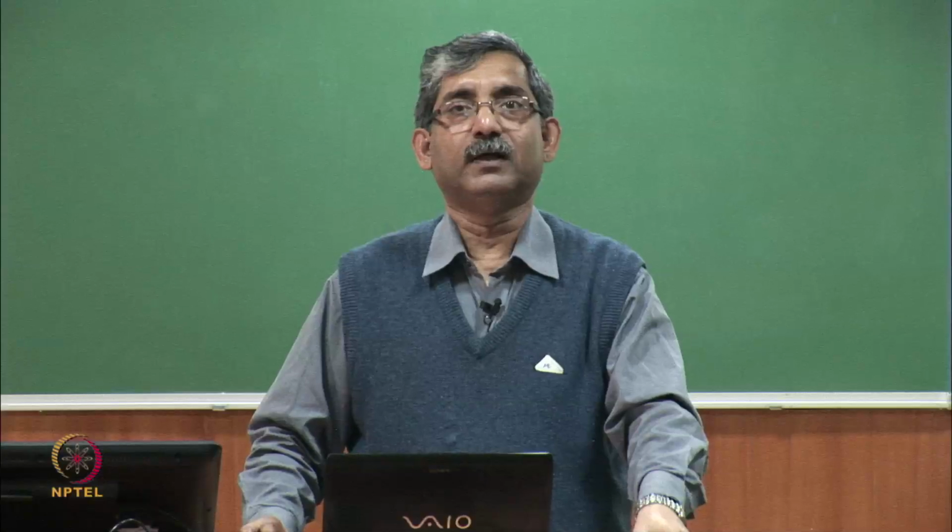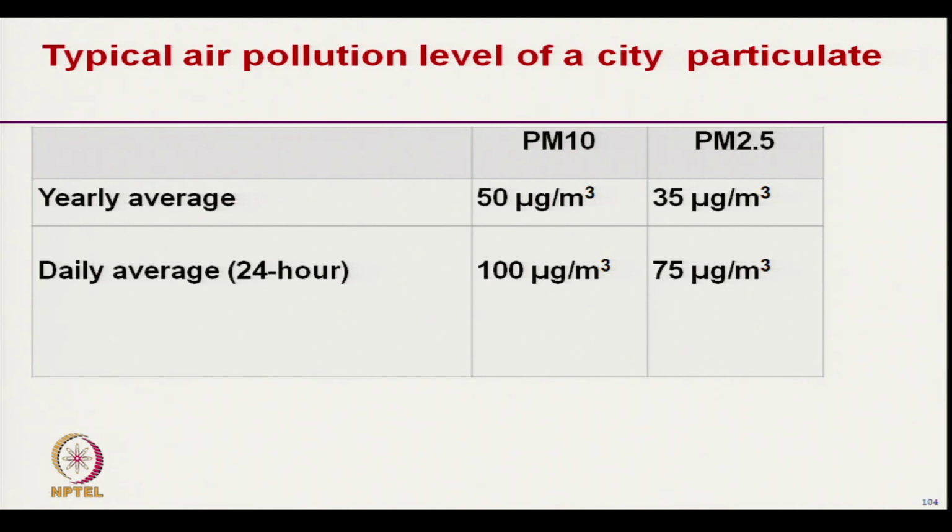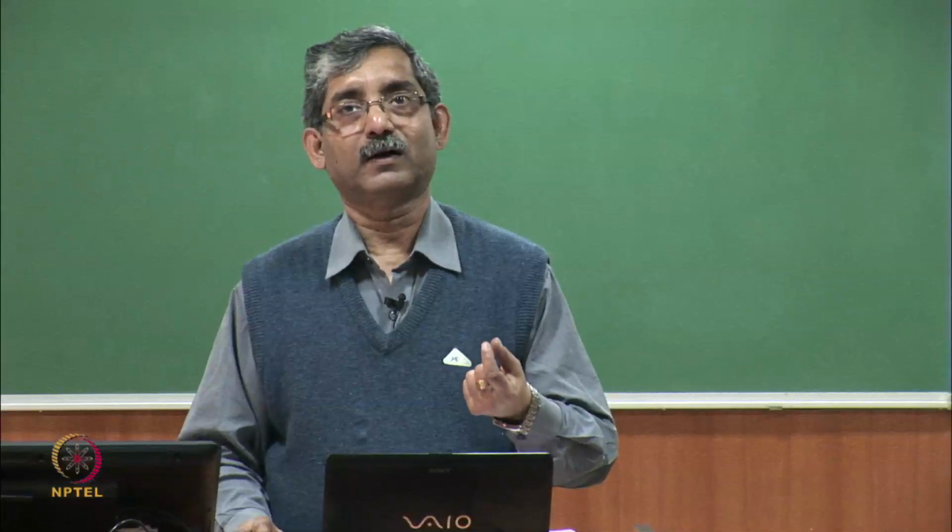Now, this is the typical yearly average air quality. The yearly average of 50 is expressed in micrograms per cubic meter. So, PM 10 level 50 means particles of size 10 micron or less: if we take the total mass of particles in 1 cubic meter volume of air, it will be around 50 microgram, that is, 50 microgram per cubic meter.